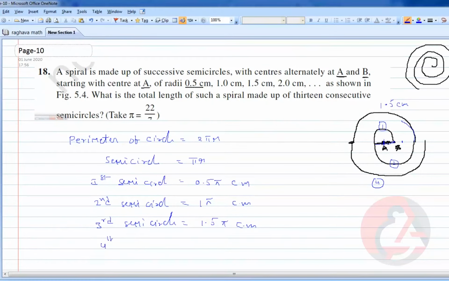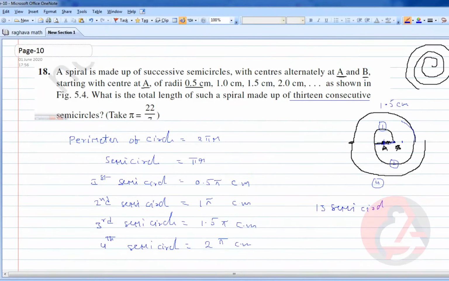The fourth semicircle is 2 pi centimeter. But up to how many semicircles is it formed? What is the total length of such a spiral made up of 13 consecutive semicircles? See, he has drawn up to 13 semicircles.